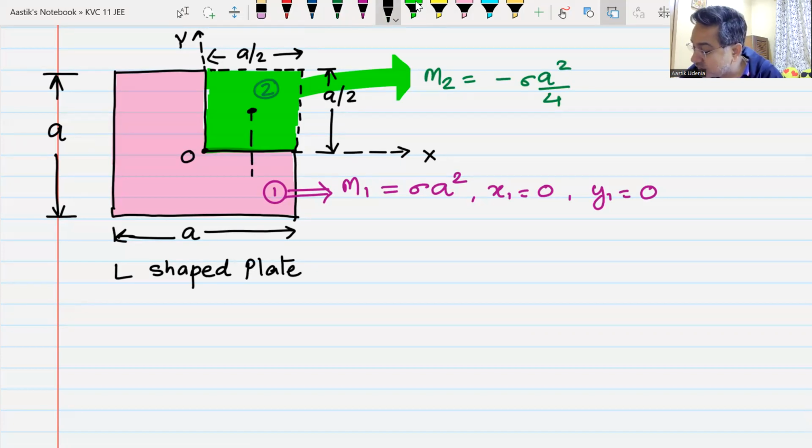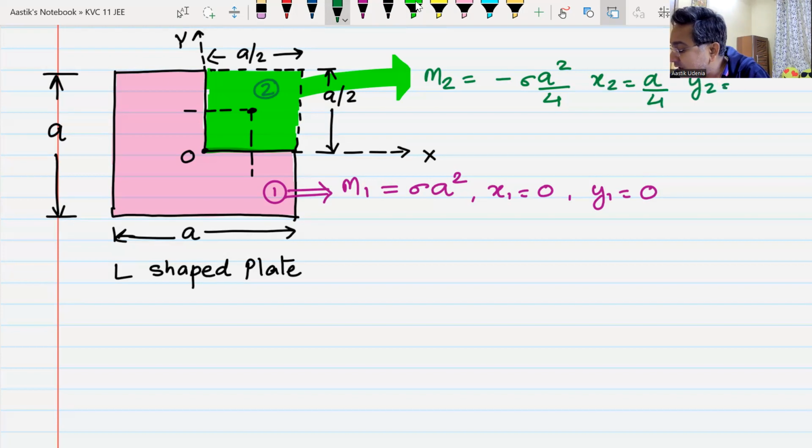What is the x coordinate and what is the y coordinate? Tell me. a by 4, very good. x2 will be at a by 4 and y2 will be at a by 4. Do we understand this?